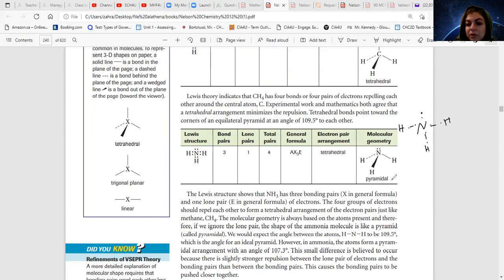It is pyramidal, we call it. The formula is AX3E. X is the number of bonds, so we have 3 bonds. And E is a lone pair that you see here. We have a total of 4 pairs: 1, 2, 3, 4. But 3 of them are bonded and 1 of them is a lone pair.